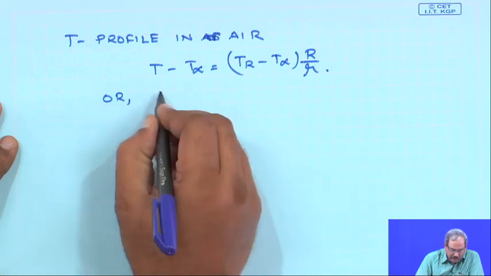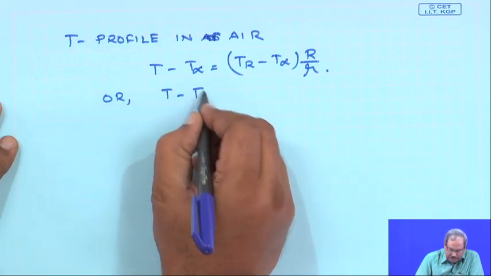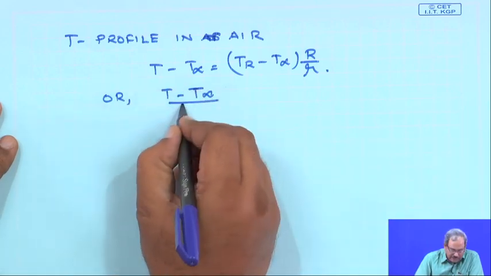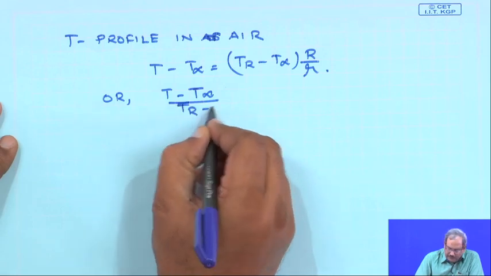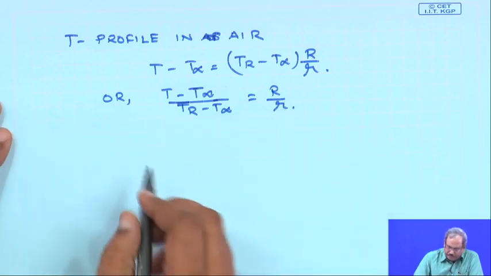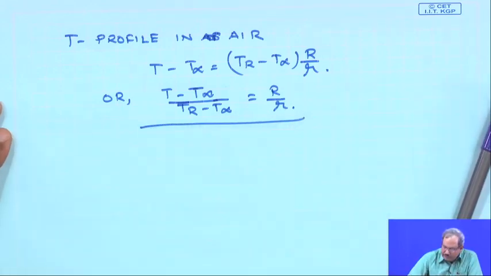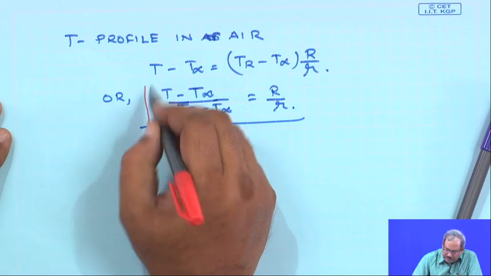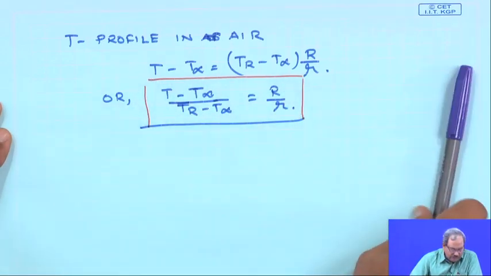Or you can rearrange it a little bit more to express it in a more elegant fashion. T minus T infinity by T_R minus T infinity is equal to R by r. So, this is what the temperature distribution in the air is.